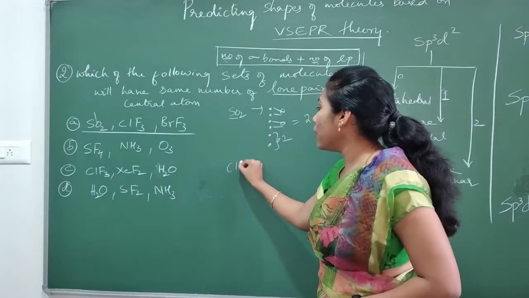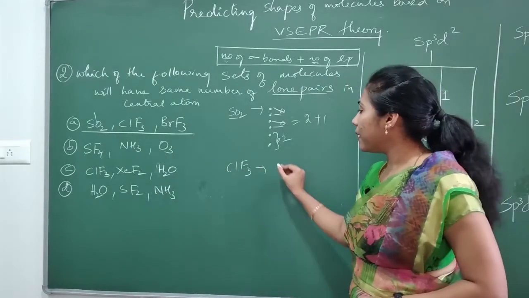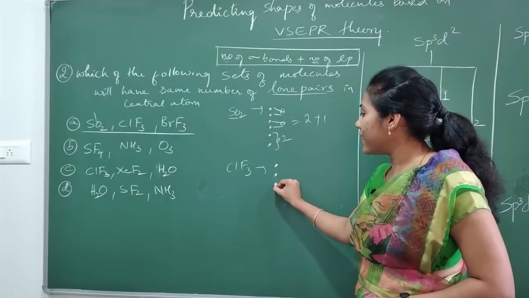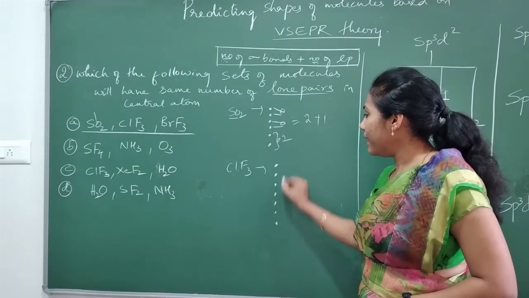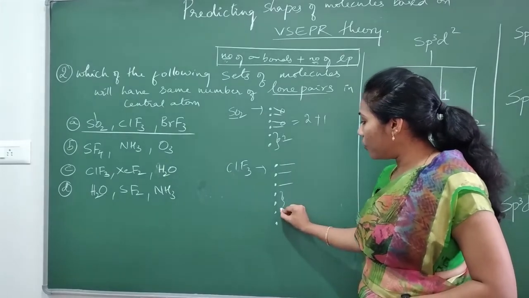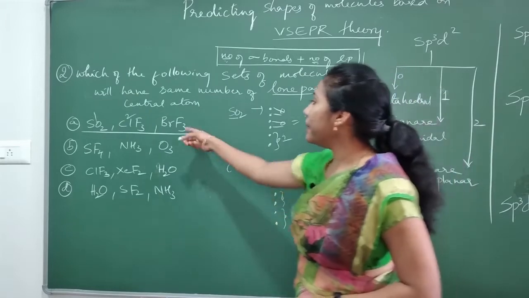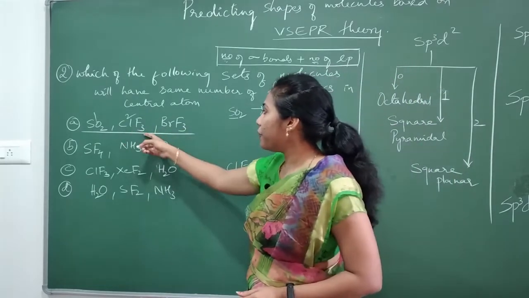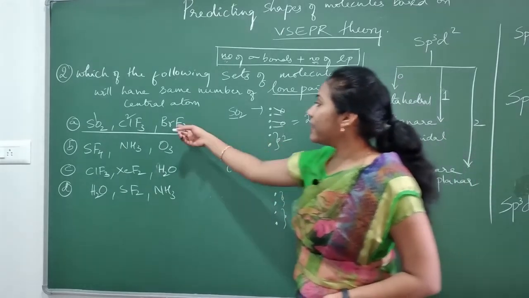Similarly, try to find out in ClF3. Cl belongs to the 17th group and it is having 7 valence electrons, and you know 3 fluorines are forming 3 sigma bonds. So how many lone pairs? 2 lone pairs. And BrF3 is similar to ClF3 only, no? Br is also a 17th group element, 7 electrons and 3 bonds.